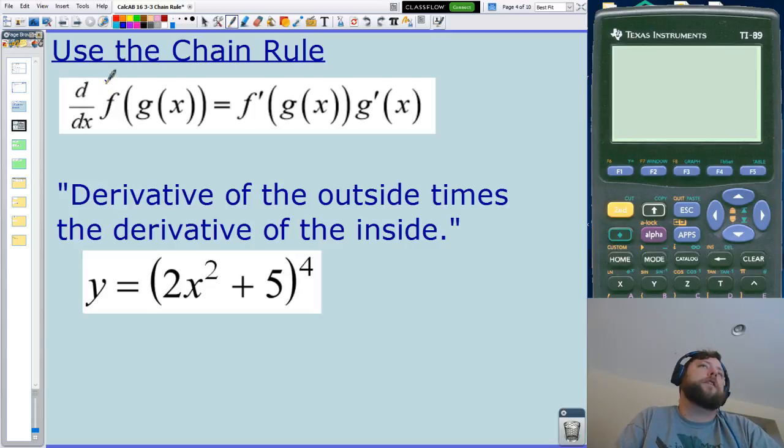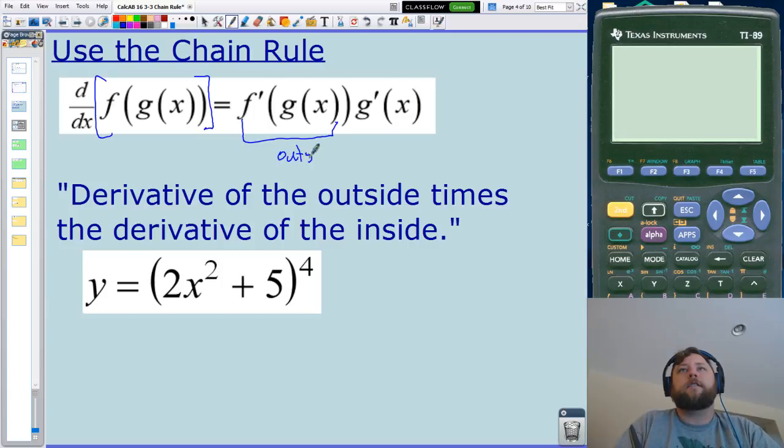If you want to do the derivative of a composite function, it's f prime of g of x times g prime of x. The way I like saying it, it's the derivative of the outside times the derivative of the inside. In this case, f was the outside and g is the inside.